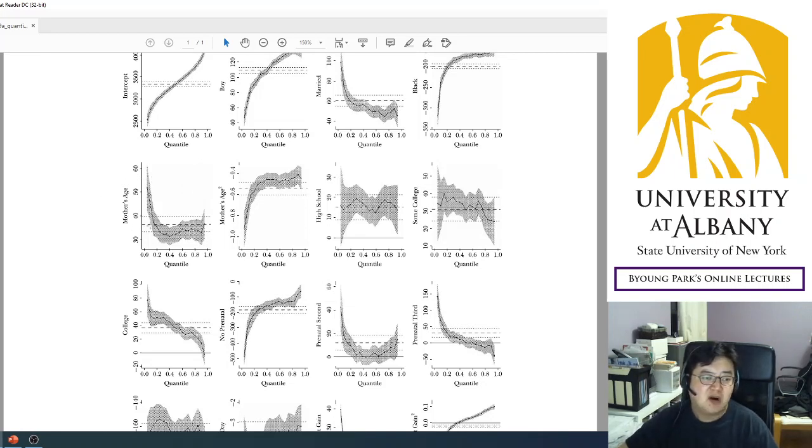On average, as the mother gets older by 1 year, the baby's birth weight increases by, say, 37 grams. That is, this flat line is the average effect of mother's age.